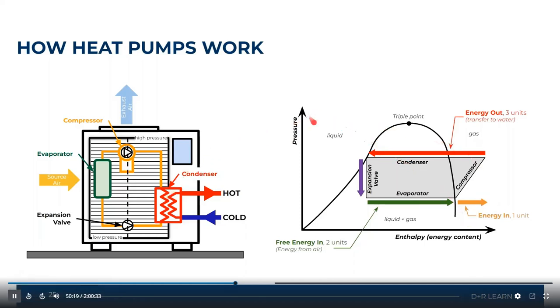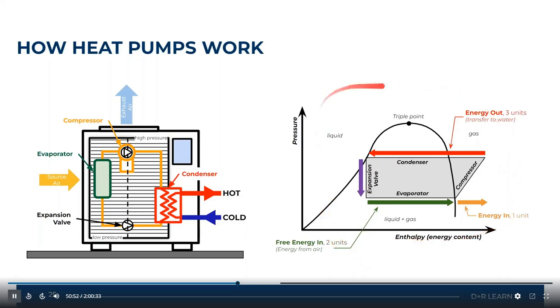Now, directly to the right, what you have is a water source diagram. It is the same exact process that's happening in your air source, but what is different is the medium being utilized. Instead of air being the medium where your heat is being transferred from, you are going to use water as your medium or source for the removal of heat to be extracted and then transferred into whatever application you need it to go into.